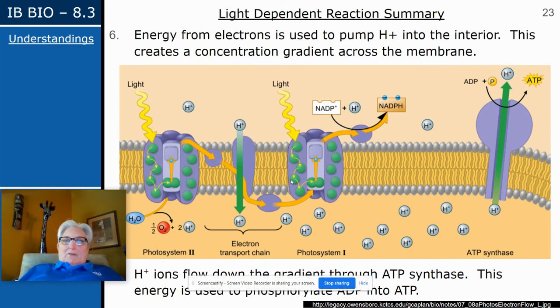The energy from those electrons keeps moving. It actually is the energy for the movement of these hydrogens down here across the membrane. And this, of course, causes the concentration gradient, right? Because we're going to have the movement of our hydrogens from outside to inside of the membrane.